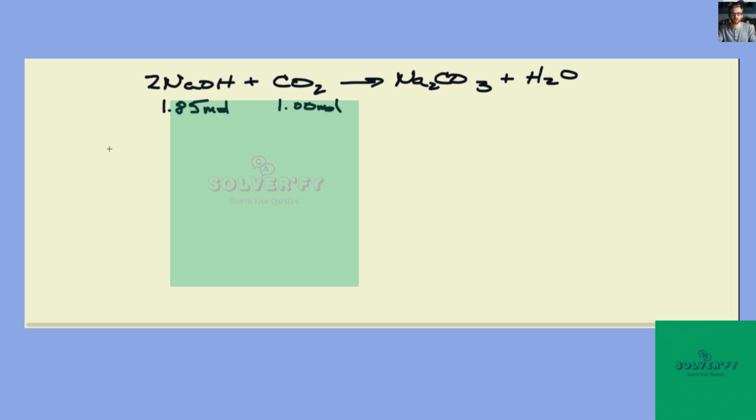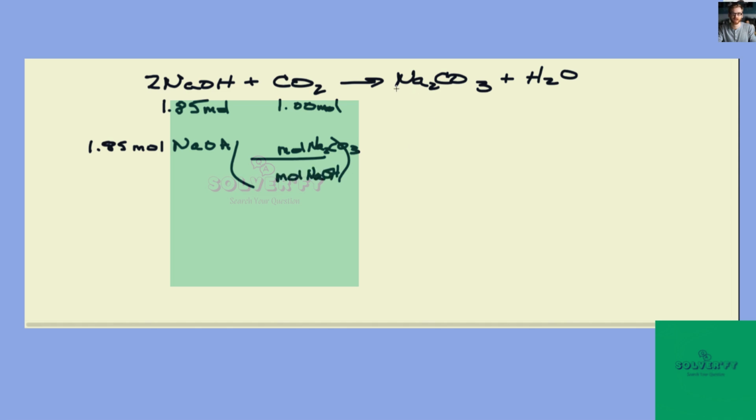Now, if we want to find the limiting reactant, we're going to have to go to moles of sodium carbonate. So we're going to need the mole ratio. So if we have 1.85 moles of sodium hydroxide, the mole ratio is based on the balanced chemical equation. We go to what we want over what we had. We want moles of Na2CO3, and we had moles of NaOH.